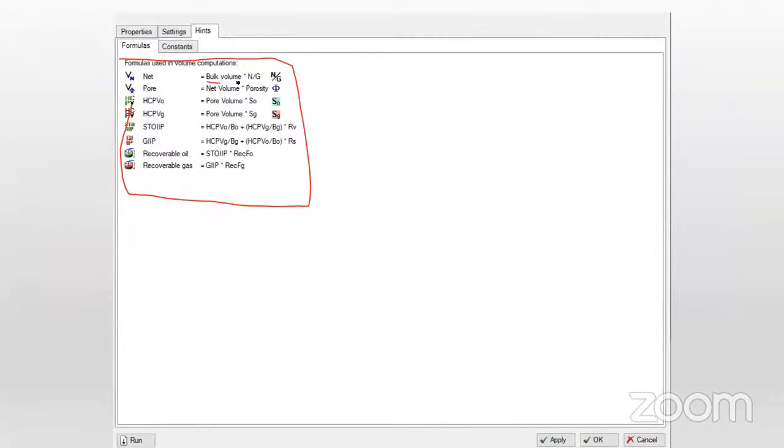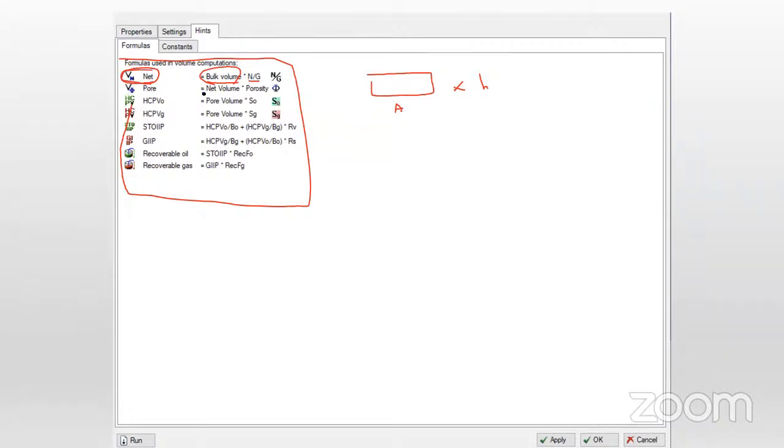For example, if we wanted to find the net volume of the reservoir, we have the bulk volume. As I mentioned, area multiplied by the thickness, we have the bulk volume. If we multiply by net to gross, it gives you the net volume.